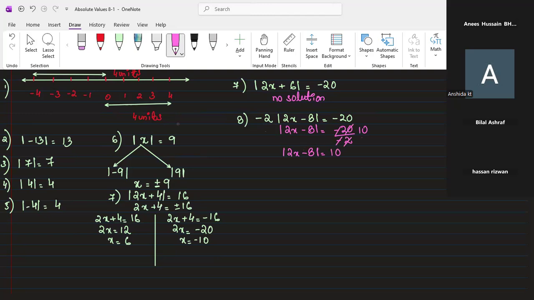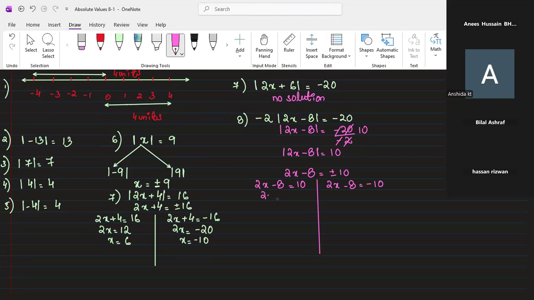Now, once you figure out that it is equal to a positive value, you will simply write 2x minus 8 is equal to plus minus 10. And then 2x minus 8 is equivalent to 10, and 2x minus 8 is equivalent to minus 10.